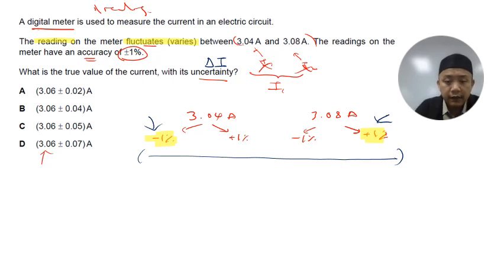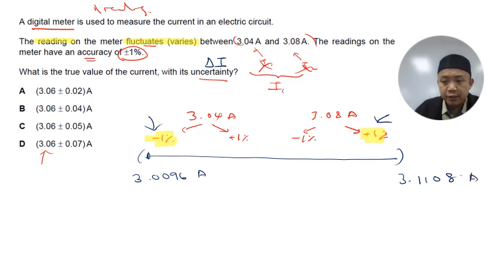If we take minus 1% of 3.04, which is 0.99 times 3.04, you will get the minimum value that it can go, which is basically 3.0096 ampere, and for the maximum value, 1.01 times 3.08 is basically 3.1108.